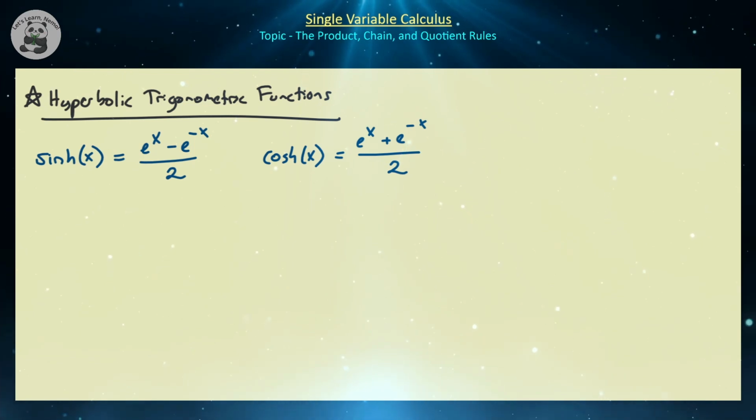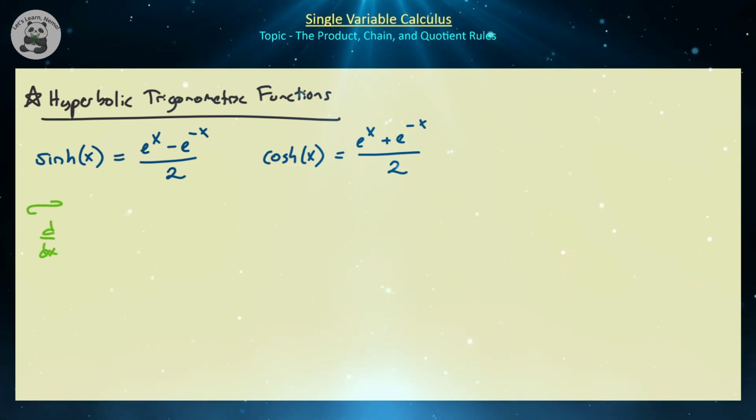If you do not know what these functions are or what they look like, that's perfectly okay. You can take these as the definitions of these functions. It's just a combination of exponential growth and exponential decay functions sort of averaged together. So let's see if we can find the derivative of sinh and cosh just based on these definitions.